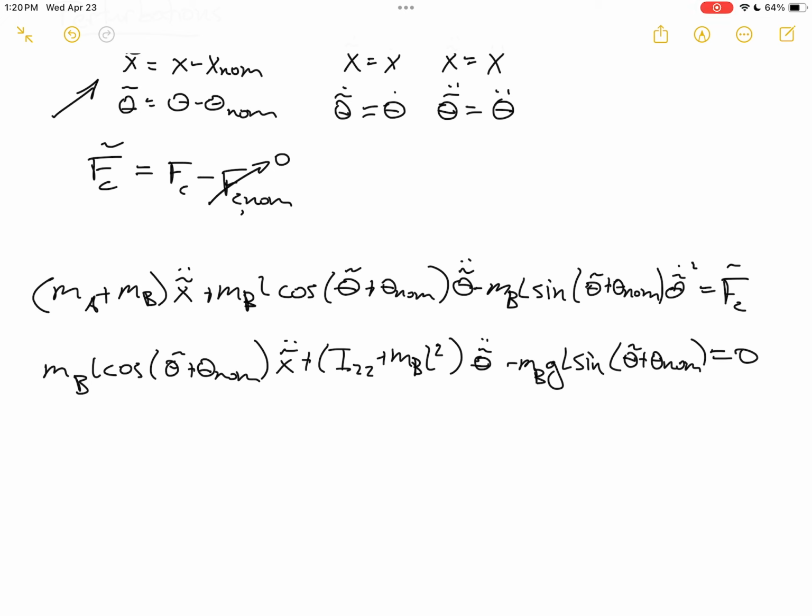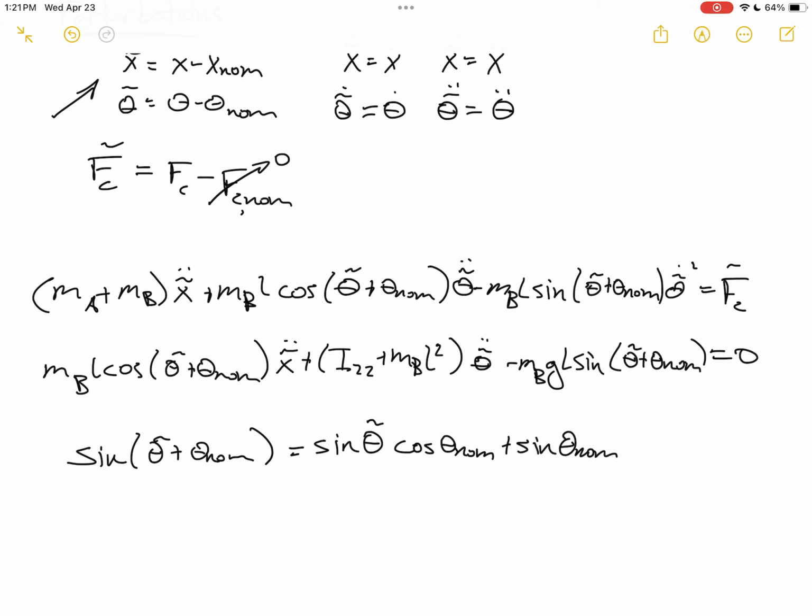And so what we'll do is a little bit of trigonometric identities to make sure to get rid of these cosine of a plus b and sine of a plus b type terms. So we'll say sine of theta tilde plus theta nominal is equal to sine theta tilde times the cosine of theta nominal plus sine theta nominal cosine theta tilde.